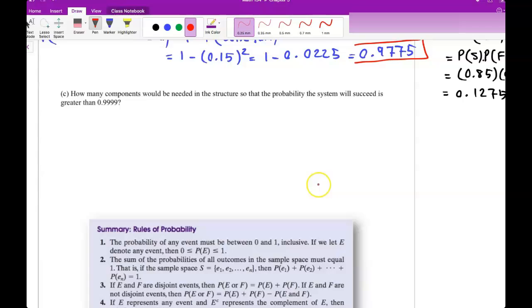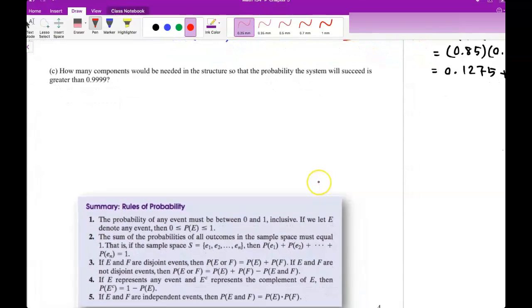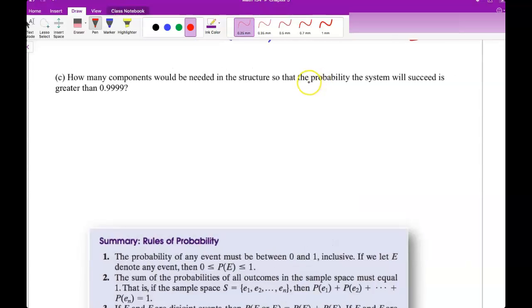Now part C: how many components would be needed in the structure so that the probability that the system will succeed is greater than 0.9999?